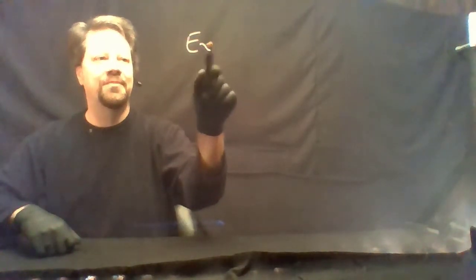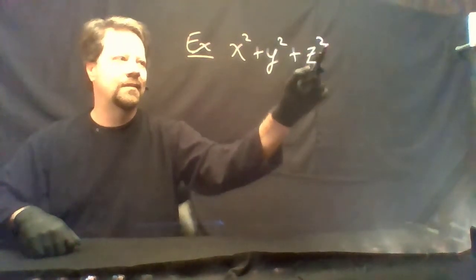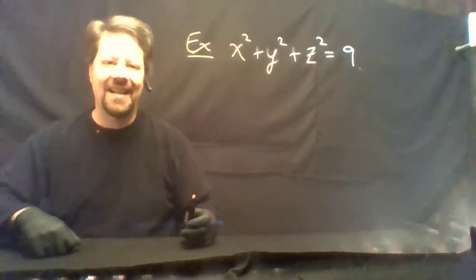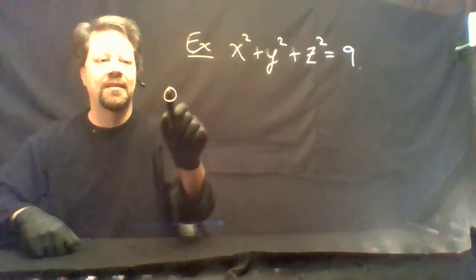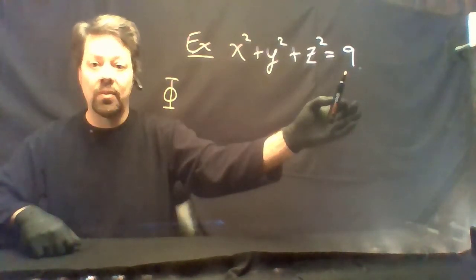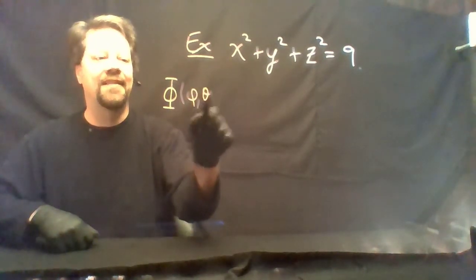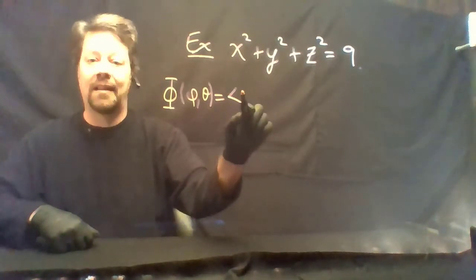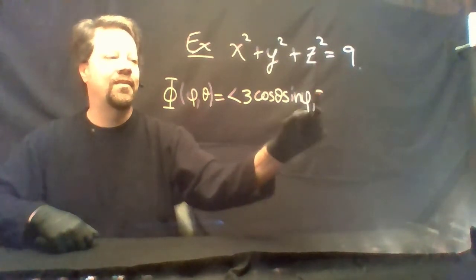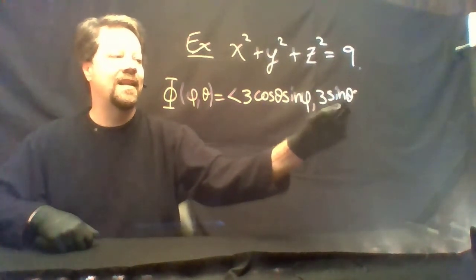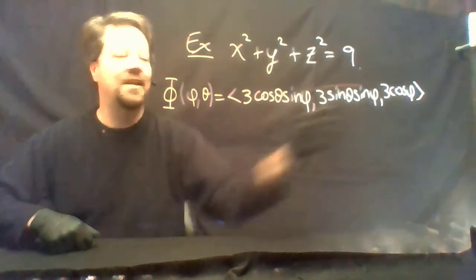As another example, if I have x squared plus y squared plus z squared equals 9, that's a sphere of radius 3. I should parameterize this using spherical coordinates. But in this case, the radius, rho, is 3. So my parameters will be phi and theta. I'll have 3 cosine theta sine phi, 3 sine theta sine phi, and 3 cosine phi.